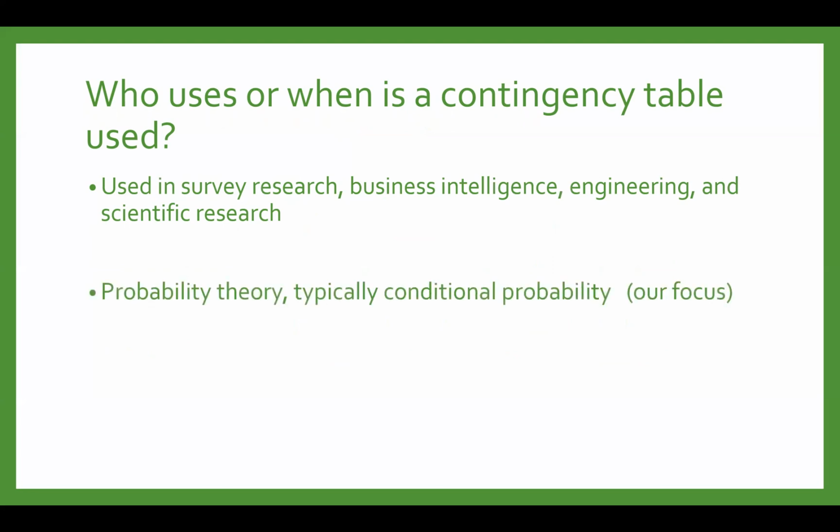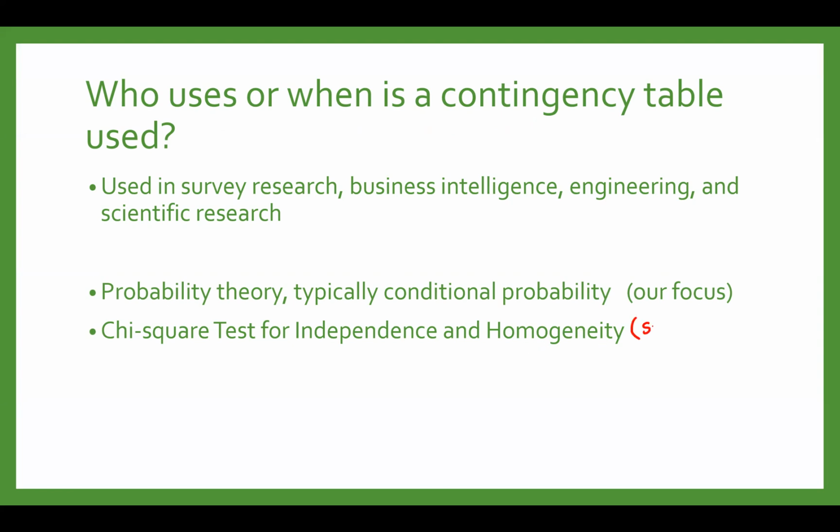For us, we're going to use it in probability theory and in Stat 2401. If any of you are going to take that course, which is the second one that meets the second 8 weeks of the semester, we focus on chi-square, test of independence, and test of homogeneity, and we do use the contingency tables then as well.